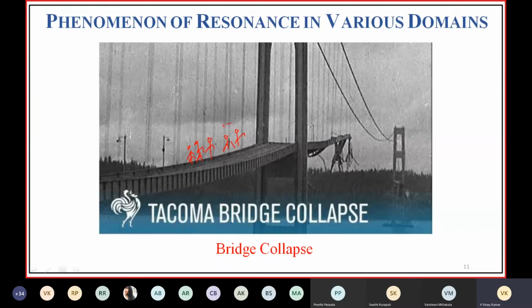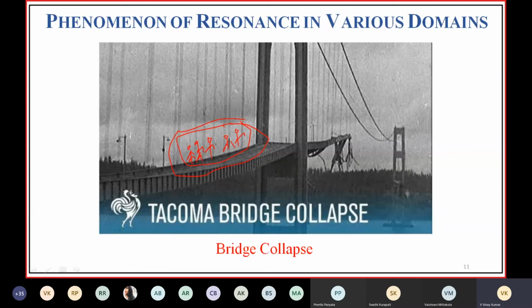Their rhythmic marching can set extreme vibrations at the bridge's natural frequency. It means the frequency of marching of a group of soldiers. A group of soldiers are marching on this bridge.